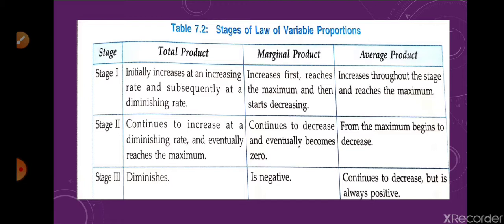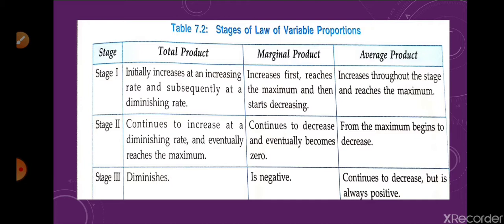Now we are going to discuss AP. AP increases from 100 to 130 in the first stage, and in the second stage it goes down from 120 to 97.7, and in the third stage it becomes 77. It means it is declining in the second and third stage after reaching the maximum.